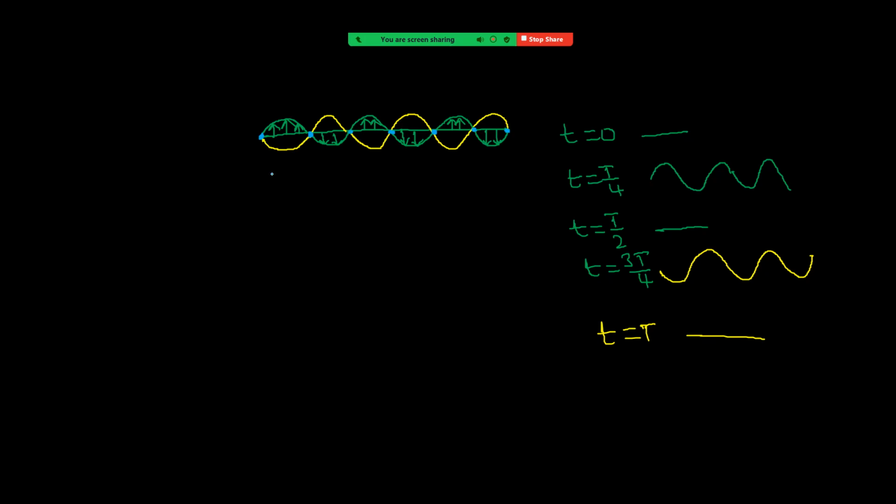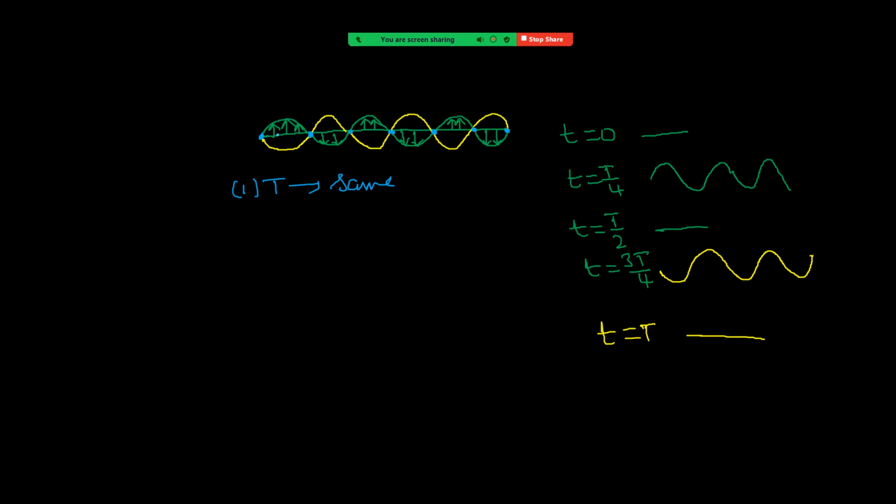Right. Now see carefully here some important points. First condition: all points have the same time period. That means all complete one oscillation in the same time. All are moving together. Next, different points have different amplitudes.